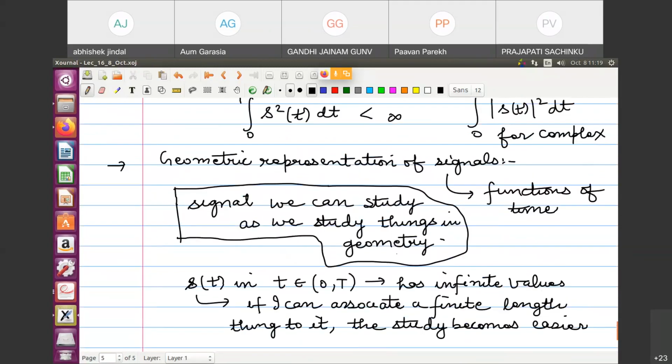That is the concept behind having a geometric representation of signals.